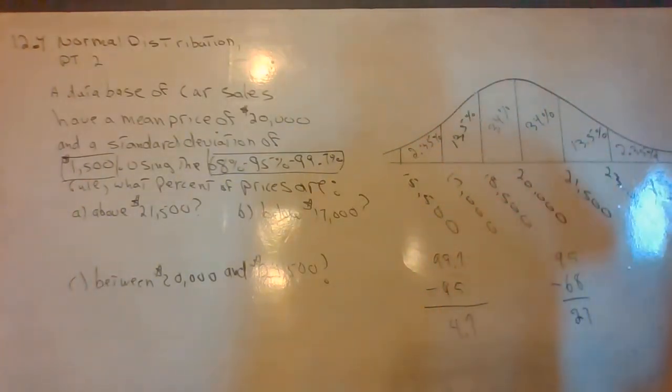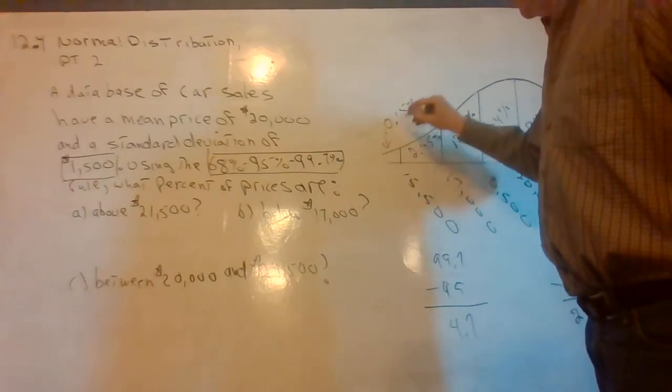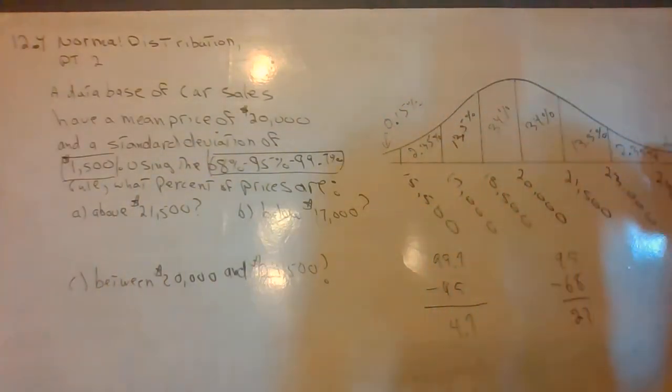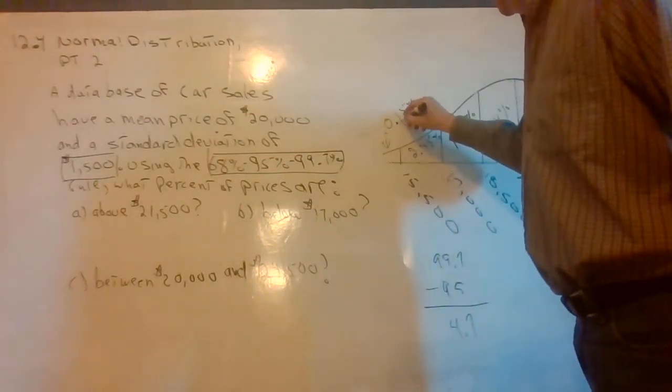Now the tail end right here is 0.15%, and right here is 0.15%. So a tiny fraction of that would be within 4 standard deviations and 5, then 6, and 7, but this tends to be so small that it's not worth worrying about.